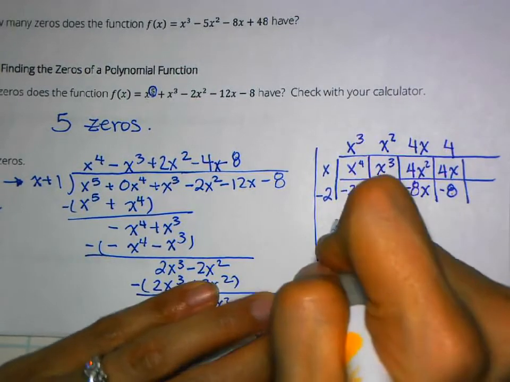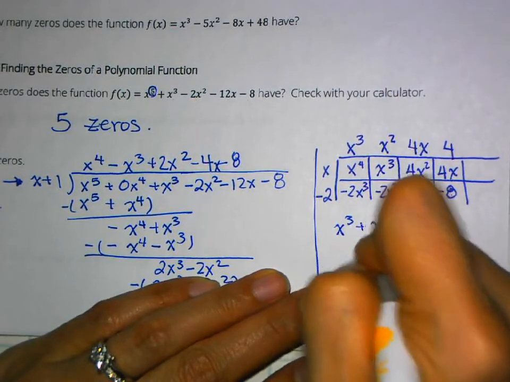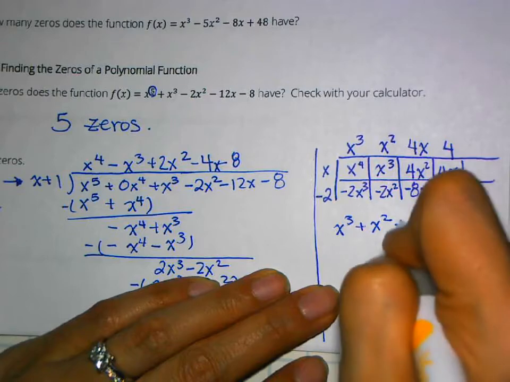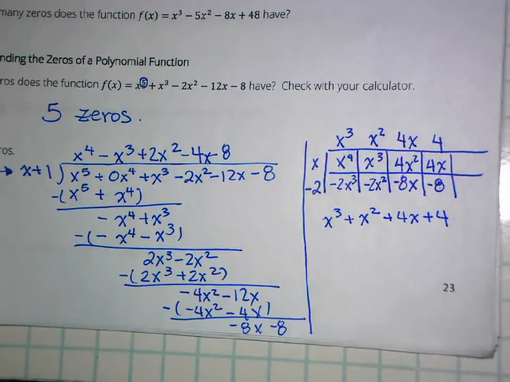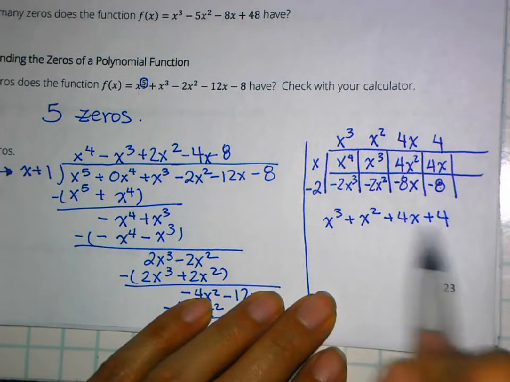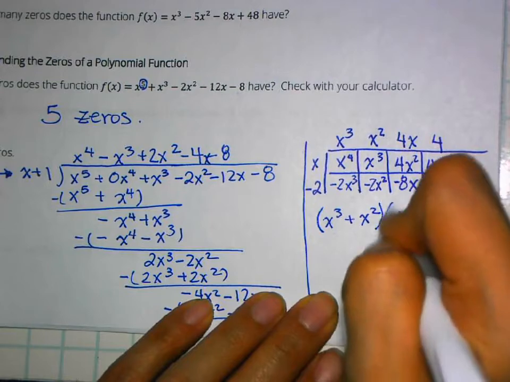Great. So now I have x cubed plus x squared plus 4x plus 4. All right. Now it's more manageable because now I can look at 4 terms. With 4 terms, I can do factor by grouping.